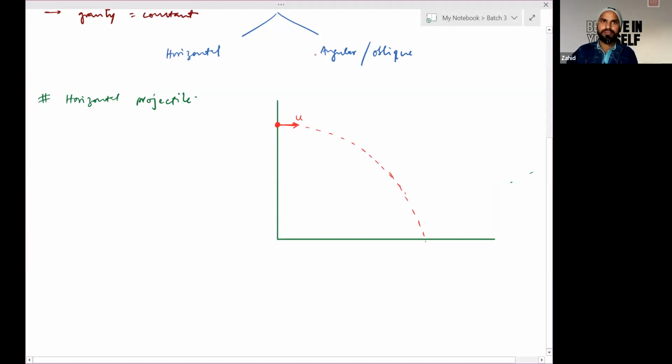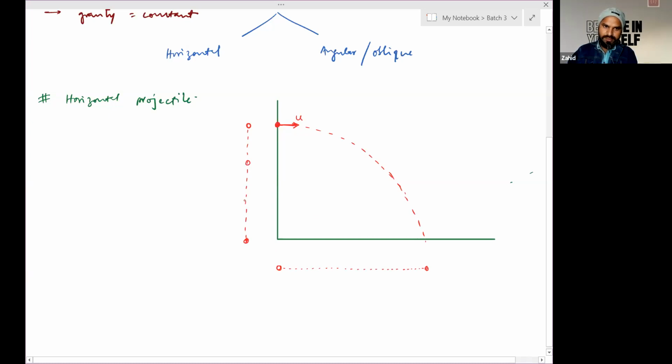Now, if you break the motion of the body along two dimensions, it will move along this path due to horizontal projection, and along this path due to the influence of gravity to hit the ground at this instant.